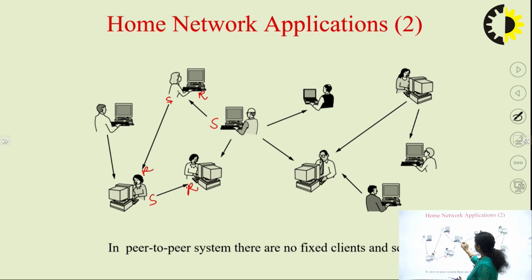Multiple users may simultaneously be using multiple applications, sharing the resources. So, we require a communication channel to communicate with each other. This is a diagram which shows a peer-to-peer system where there are no fixed clients and servers.